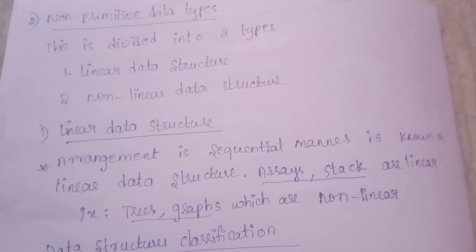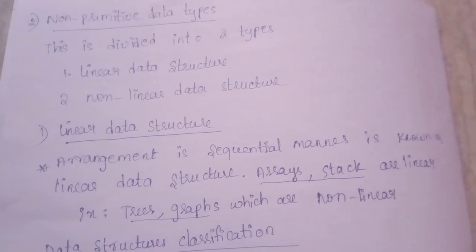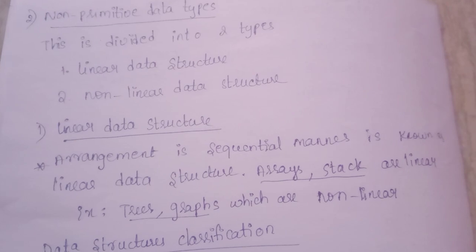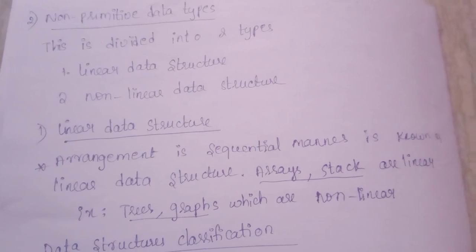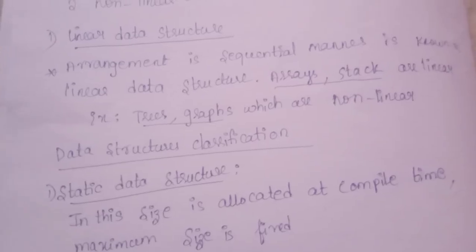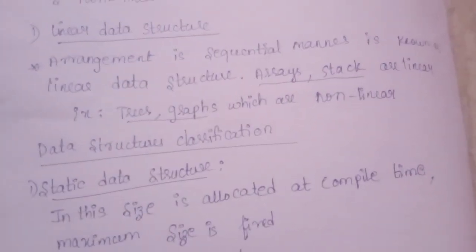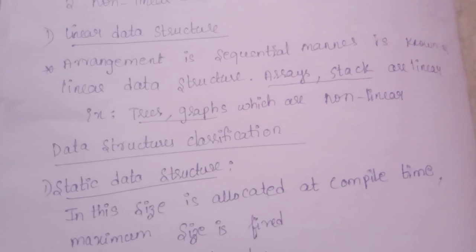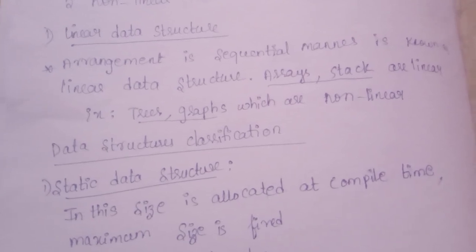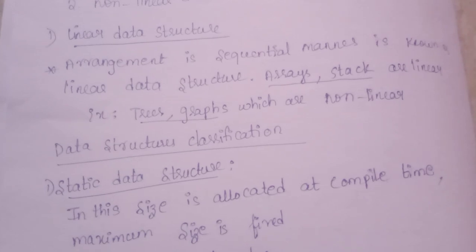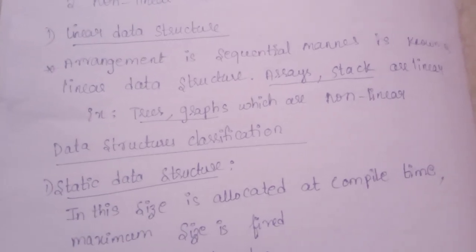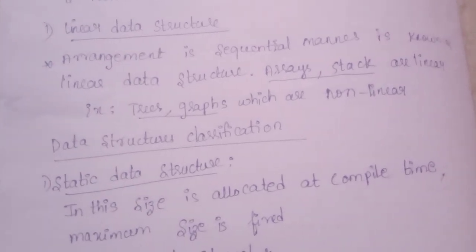In the same way, non-primitive data structures have two types: linear data structure and non-linear data structure. What is a linear data structure? An arrangement in a sequential manner is known as a linear data structure. It means the arrangement of elements is in a linear order. It cannot be in a random order. Arrays and stacks are the best examples of linear data structures.